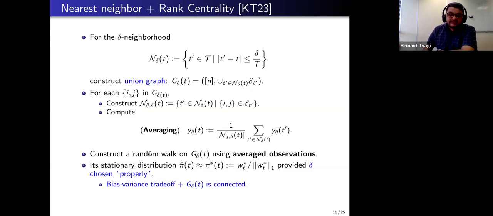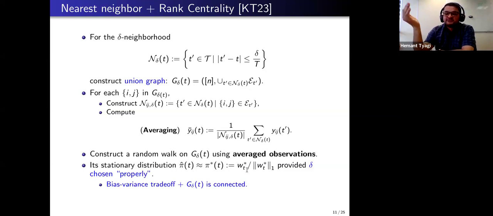Then we apply rank centrality on this: just construct a random walk on the union graph using the averaged observations. The same philosophy applies. We would expect that the stationary distribution of this random walk might be close to pi star, which is the normalized W_t star, provided that your delta is chosen carefully.